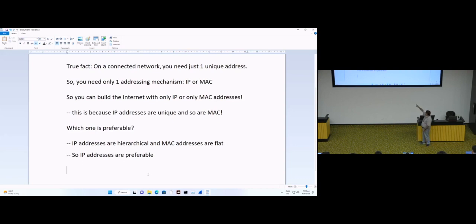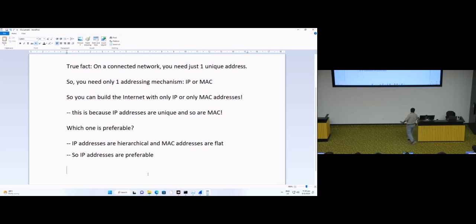Well, let's say I'm building a network with IP addresses. If I'm using IP addresses as my addressing mechanism, an IP address is only exposed at layer 3, the network layer. So the network layer would have to reject the packet. That's what I'm getting at. Where is it rejected? It's rejected by the network layer.